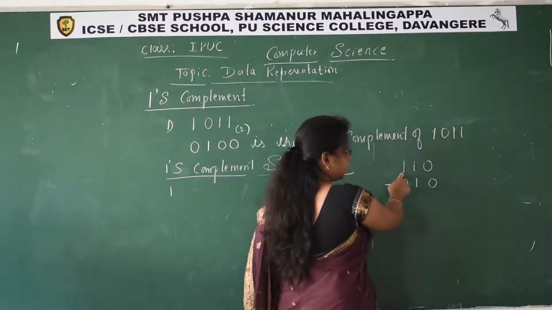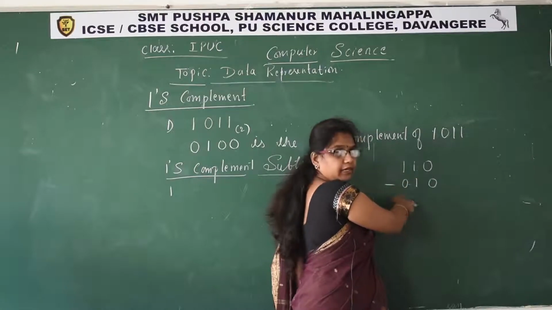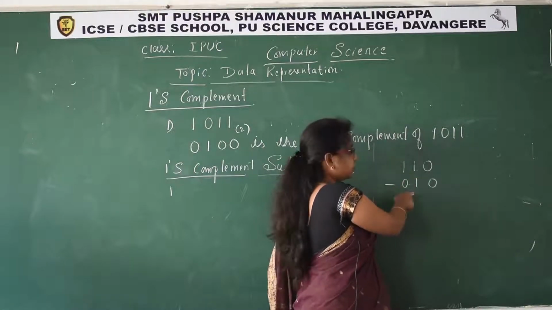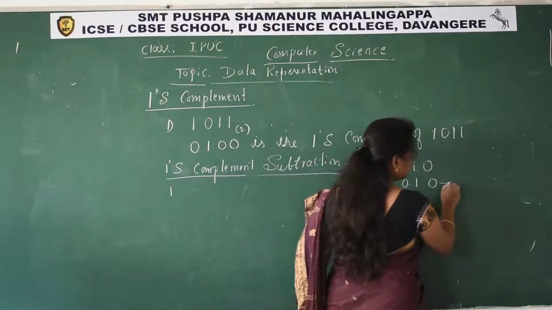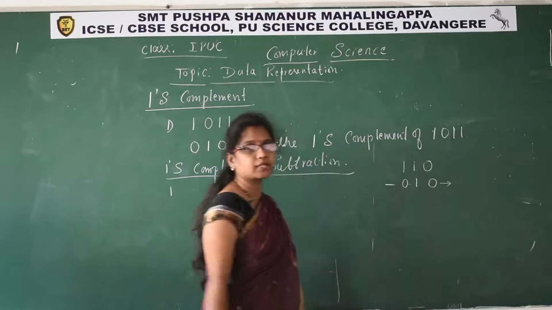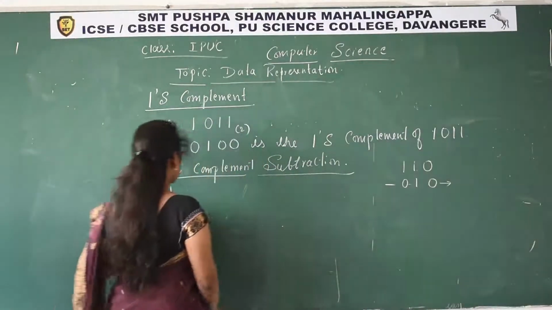This is the subtrahend, which is going to be subtracted, and this is the minuend, from which we are going to subtract. Then we have to take ones complement of the subtrahend first. First rule is we have to take ones complement of the subtrahend.